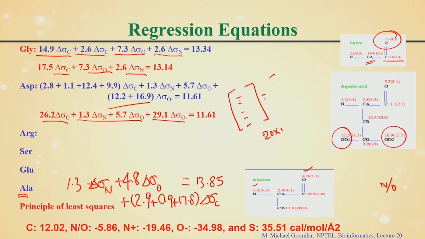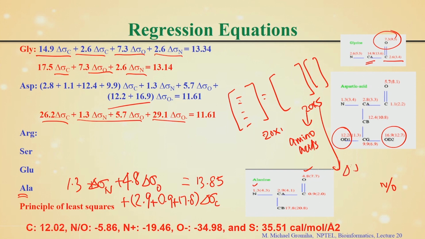So this you can write in terms of these, what is this dimension? 20 into 5, because these are 20 amino acids and 5 atomic solvation parameters. These are 20 amino acids and this 5 for the variables, delta sigma I atomic solvation parameters.